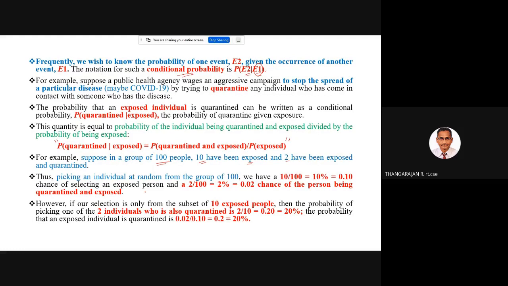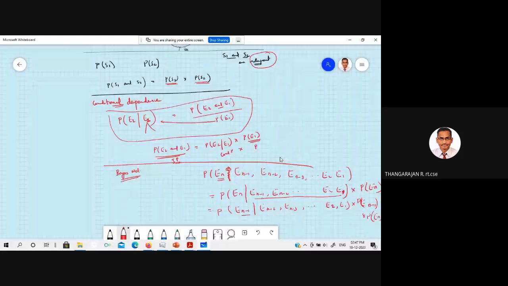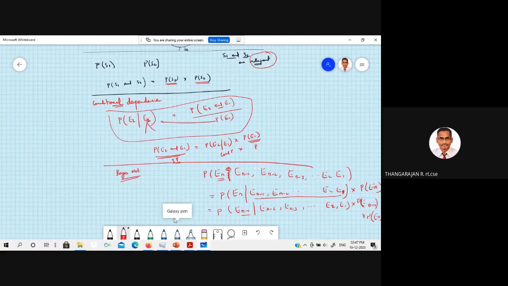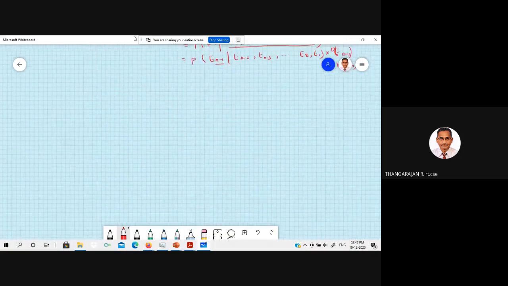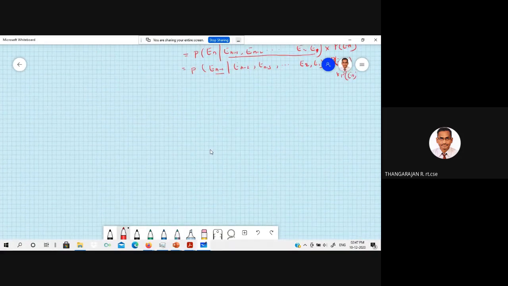So this is the data given to you: out of 100 people, 10 have been exposed to COVID-19, and out of them, 2 have been quarantined. Now you can just calculate the probability. So total n equals 100.